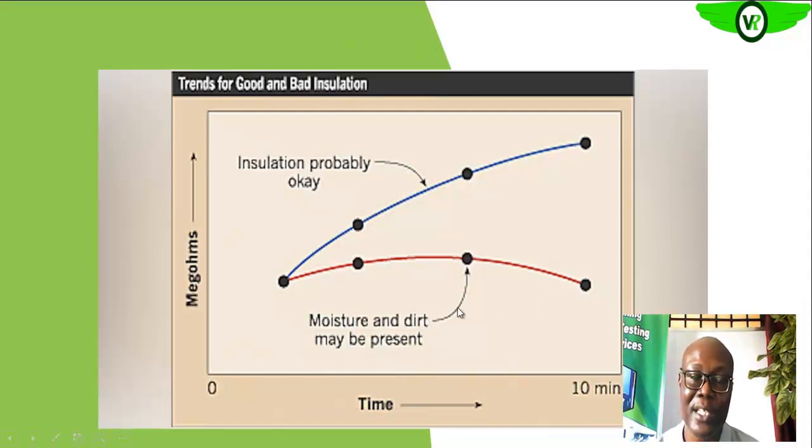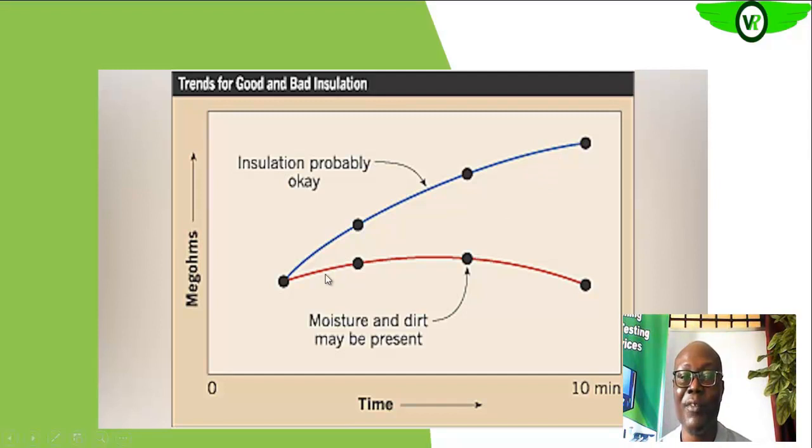So this is another important example of trending, though this is one of the PI tests that we discussed during the time test for insulation resistance test. So you see, for the good value, the trend expectedly is increasing.